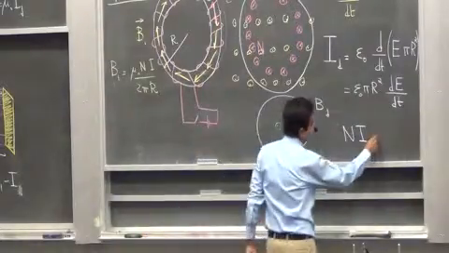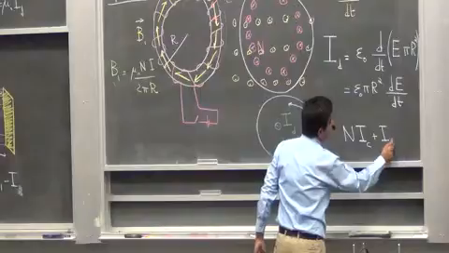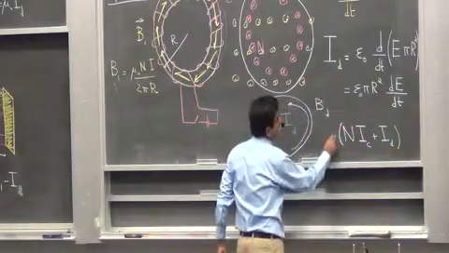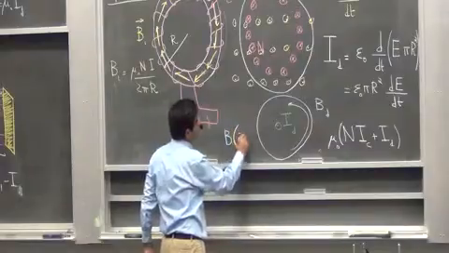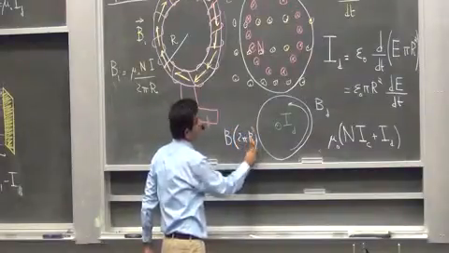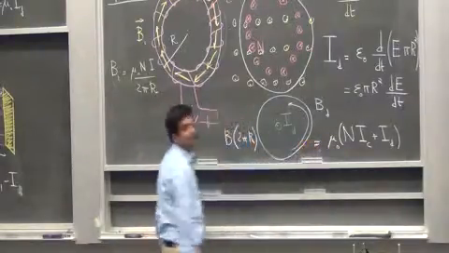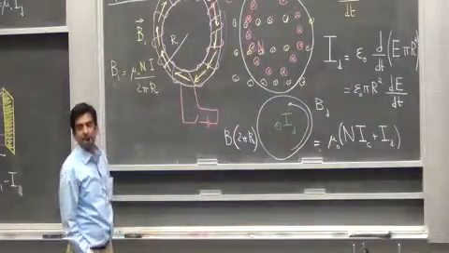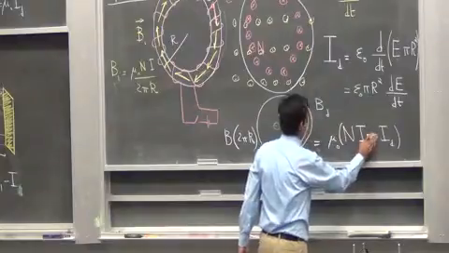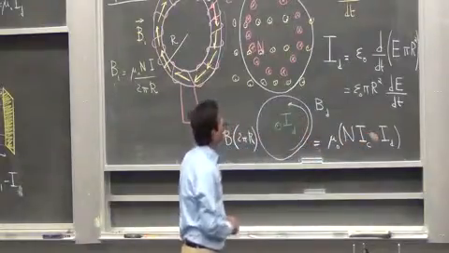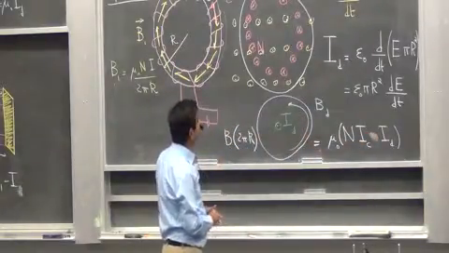So N IC plus ID times mu naught will give me B dotted with 2 pi R. This will be my Maxwell's equation. Sorry, N IC, I'm sorry. B into 2 pi R.